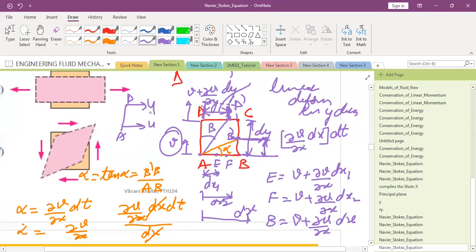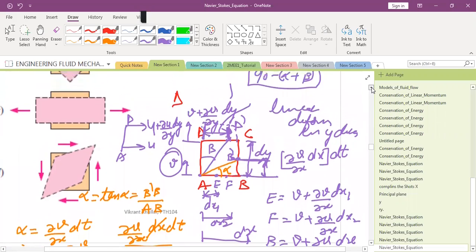No sir. So what does that tell you? If this is u, this should be u plus curly u by curly y into dy. Is that clear? Any doubts? Yes sir, all clear.